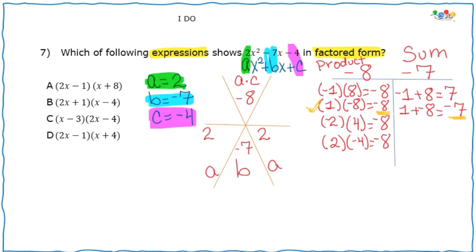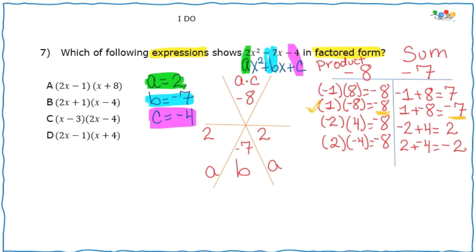Now, since I want to make sure that you guys don't overlook the rest of the questions, we're going to do the last factors. So now the next one will be negative 8 plus 4 gives me a positive 2. And then 2 plus a negative 4 gives me a negative 2. So if you notice, I got 2 and negative 2, which is not what I was looking for.